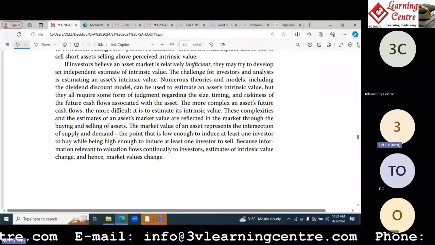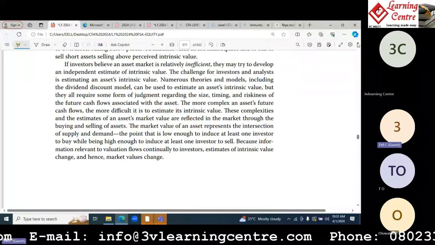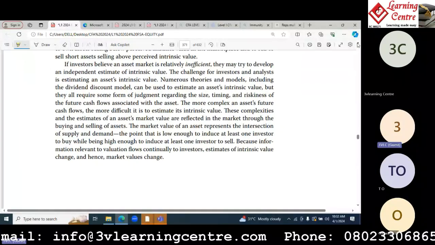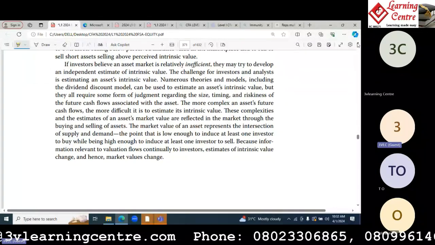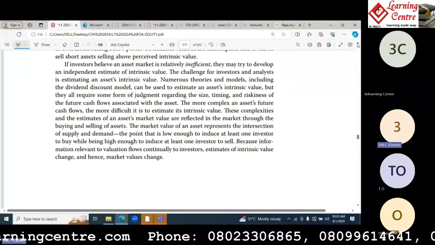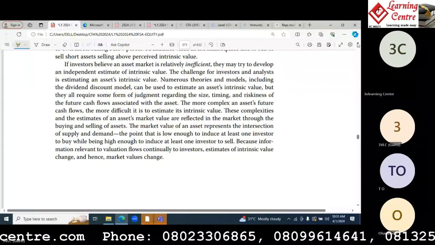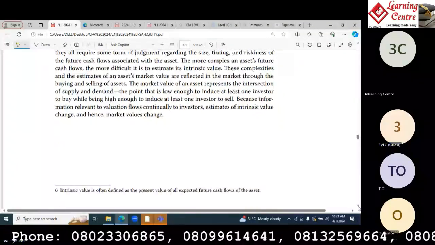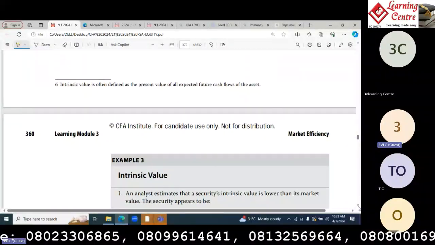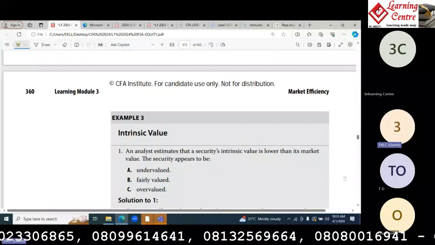Let me say that again. If intrinsic value is higher than market value, you buy the stock. And if intrinsic value is lower than market value, you sell the stock. So that is market value versus intrinsic value. Now, example.